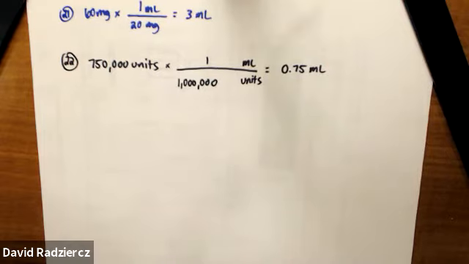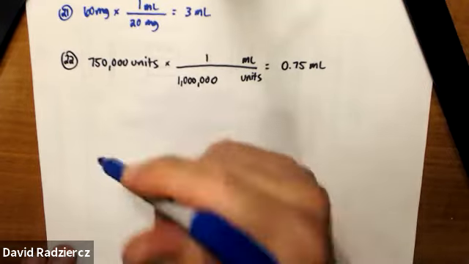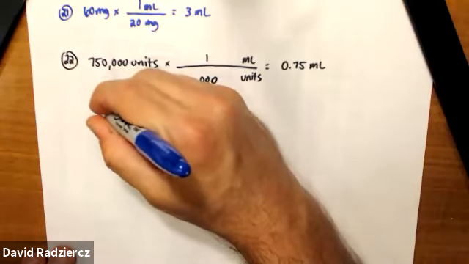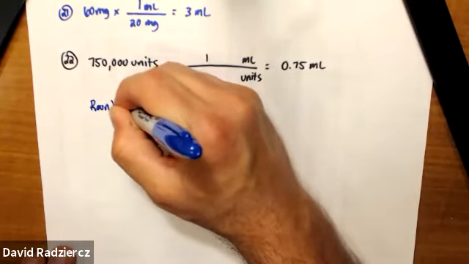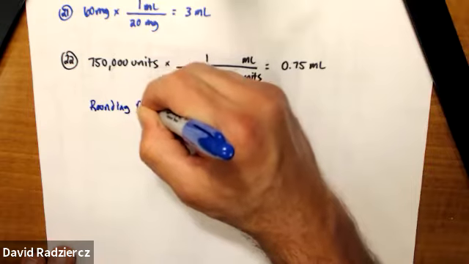So let me just do that real quick. I'll go over the rounding rules, which is in your packet, but it's helpful to review. So, rounding rules.